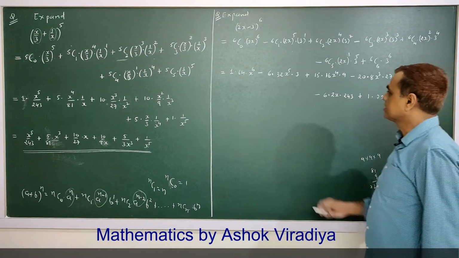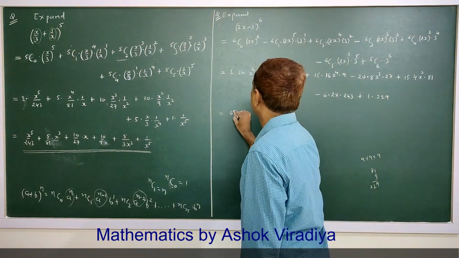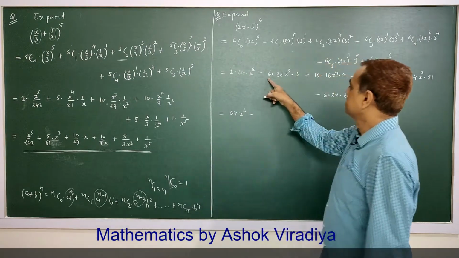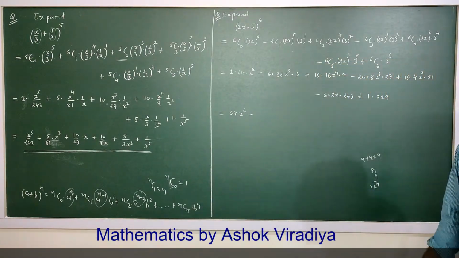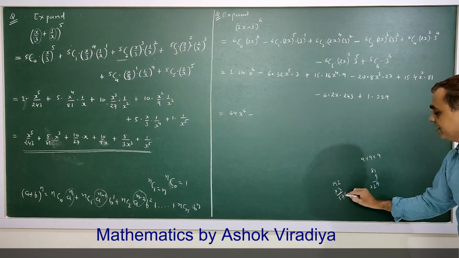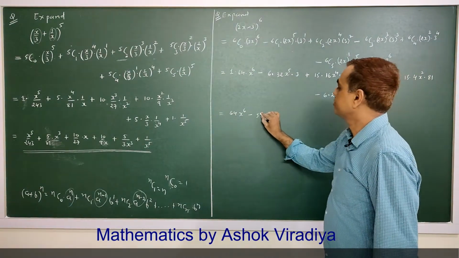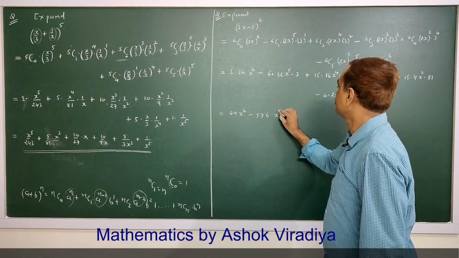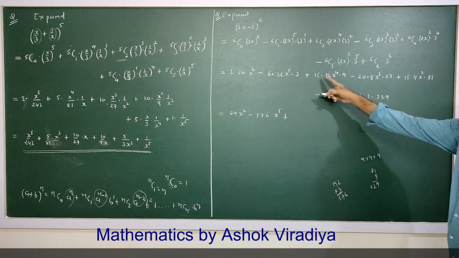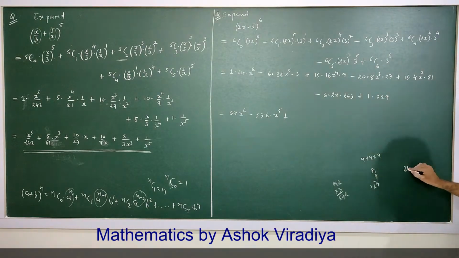Now calculating, this will be 64x raised to 6 minus, this is 32 into 6, 192, 192 into 3, 576, 576 x raised to 5 plus, this is 240 into 9, 2160.